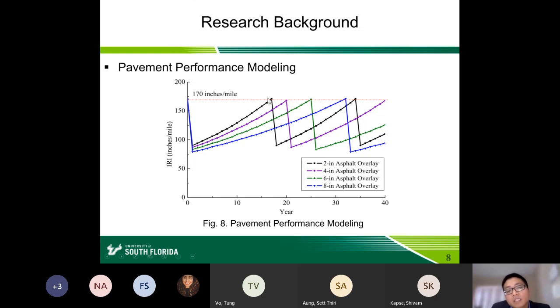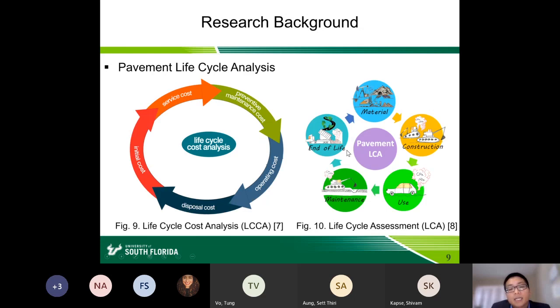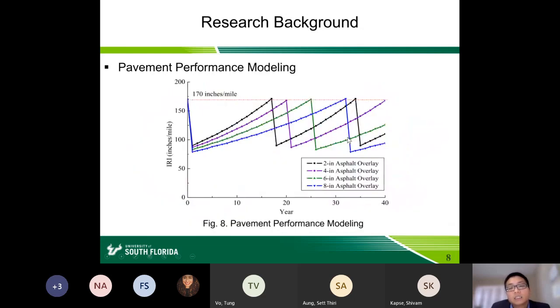When the pavement deteriorates to a certain level, the asphalt overlay will be implemented again, and then the roughness reduces and increases again. This is the general post-overlay pavement performance model. In this study, I will talk about how to develop this curve.